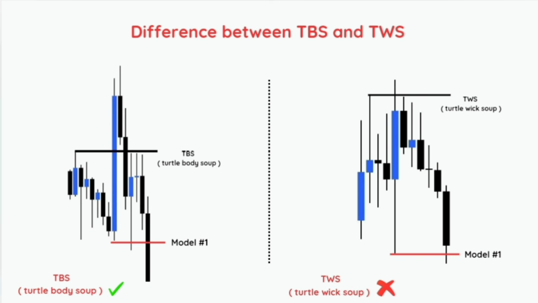Only use TBS and TWS on the lower time frame, where you are going to take the model 1 entry after your higher time frame confirmation. For example, if you are analyzing the 4-hour time frame to choose your CRT candle and key level, choose it as usual, without including TBS or TWS on this.